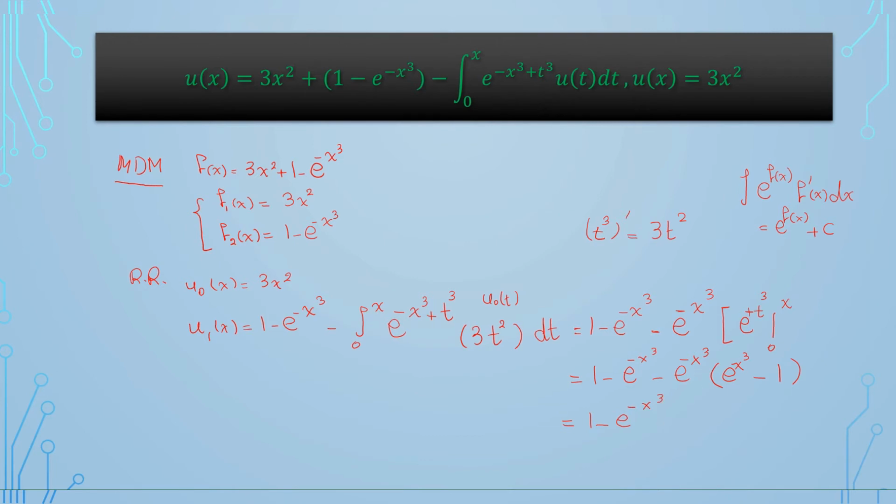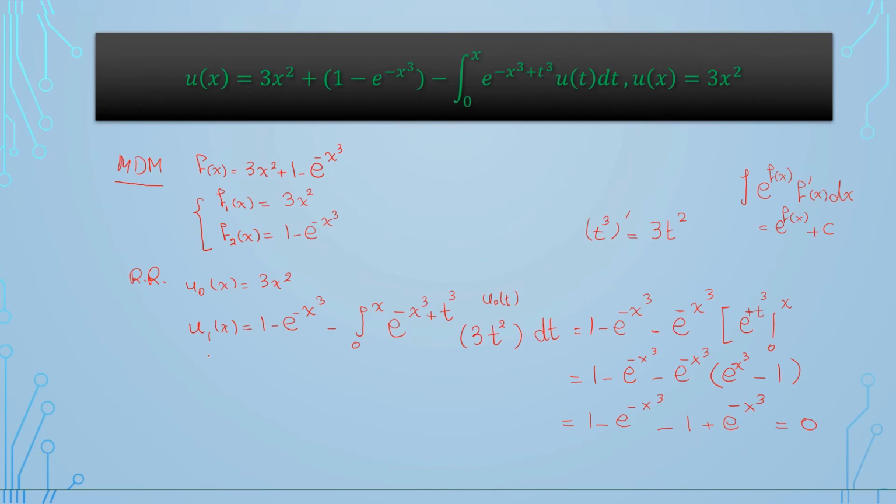We will distribute this component here and here. It will give us minus 1 plus e raised to minus x cubed. And from here we will get 0.